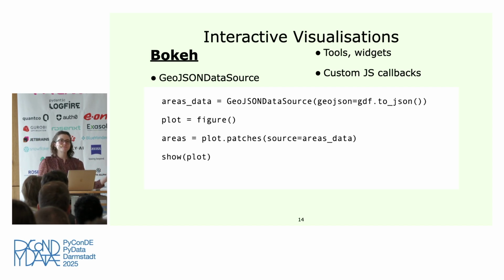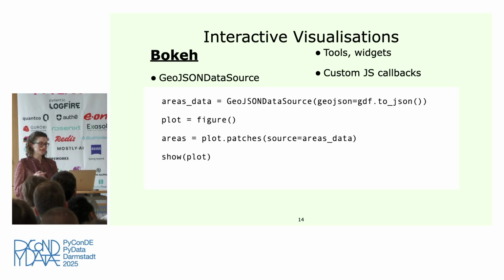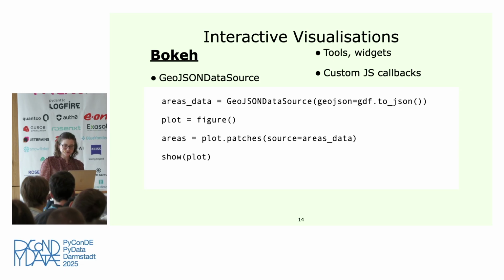Prepare the data, call the figure, add some type of renderers, here using the patches, and then show. We can also make this a lot more complicated and interactive with visualizations, tools, widgets. We can use some custom JavaScript callbacks. If you want to write JavaScript, you can, or you don't have to.